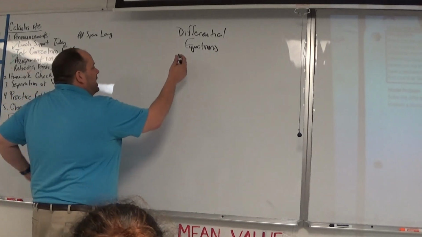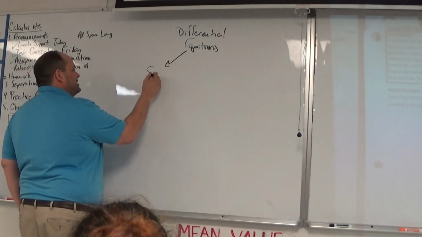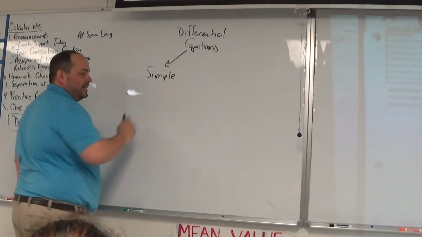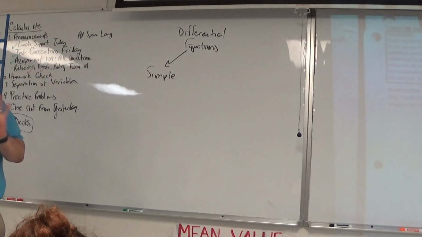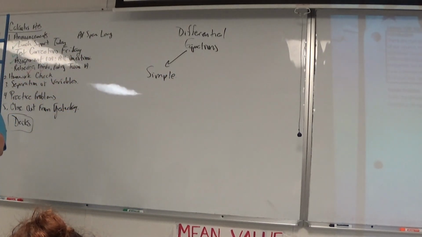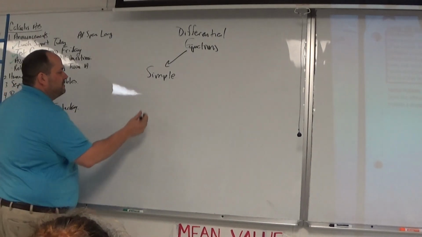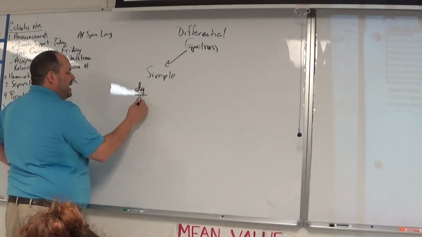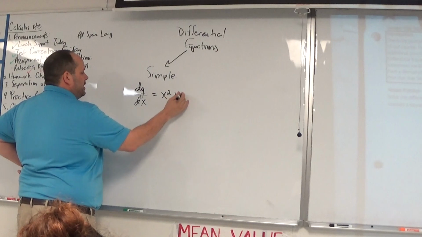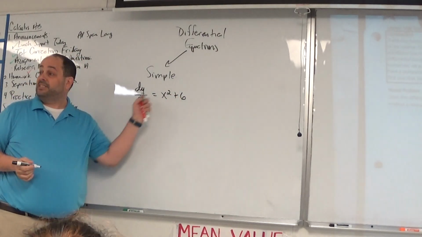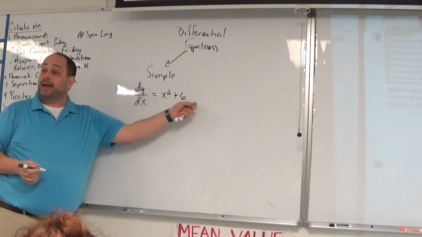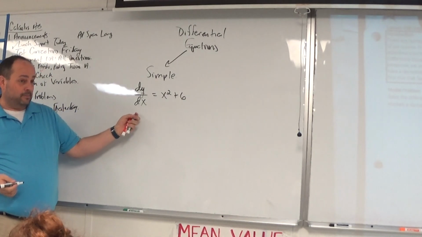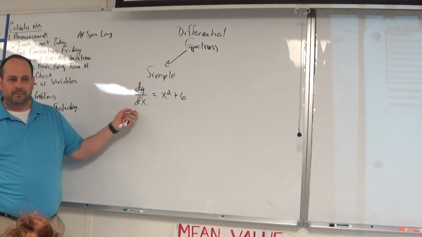Okay. In the world of differential equations, there are what we call simple ones. Simple, not to be confused with easy. A simple differential equation looks like dy/dx equals x squared plus 6. This is my derivative, and I'm going to solve this problem. How am I going to solve this problem?